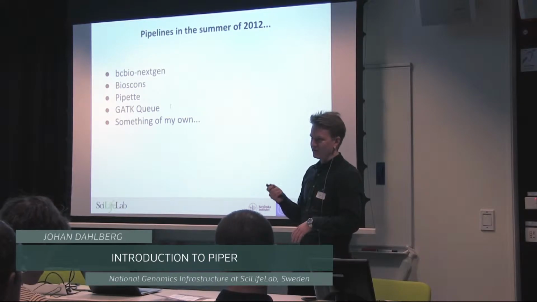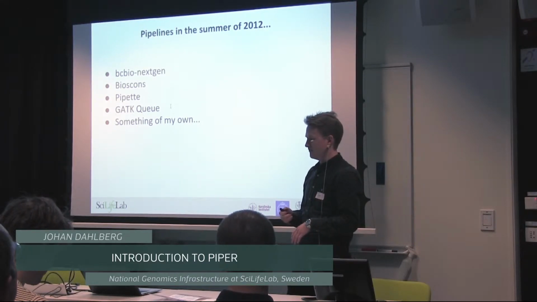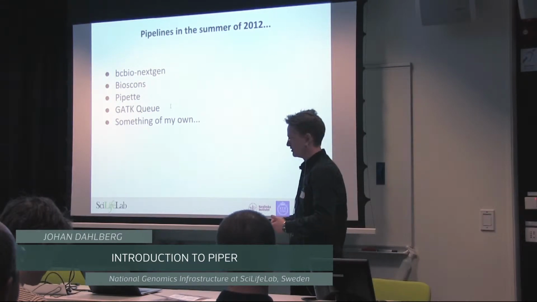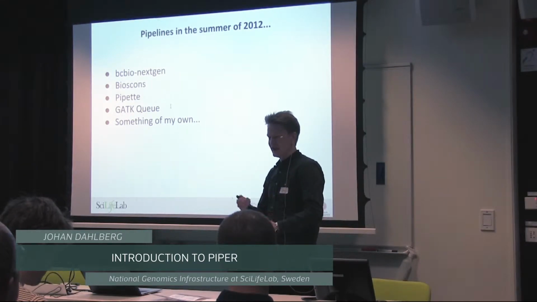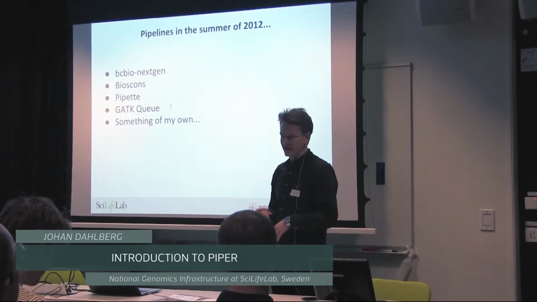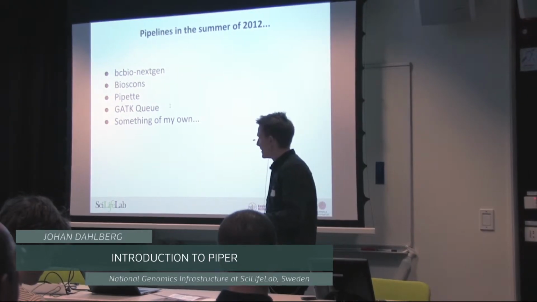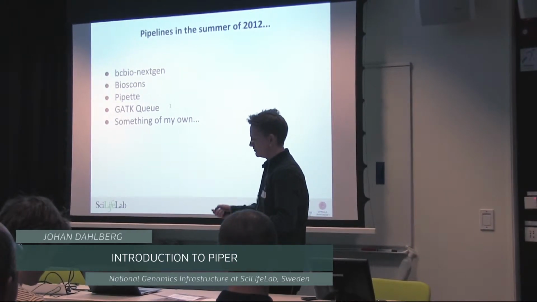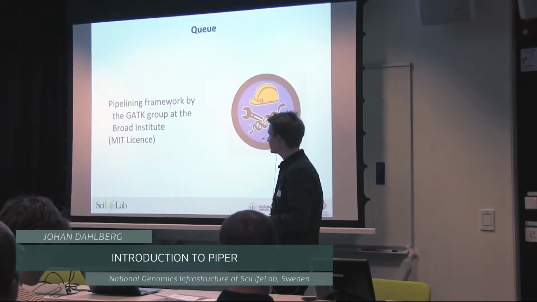And one of the first tasks that I was given was to write the pipeline for running this very standard Broad best practice analysis and variant calling. And it seemed to have quite a lot of nice support for that as well. So that was the reason for coming in and using this framework.